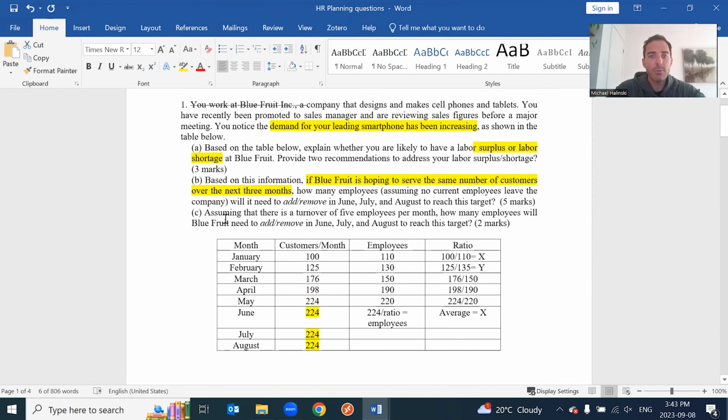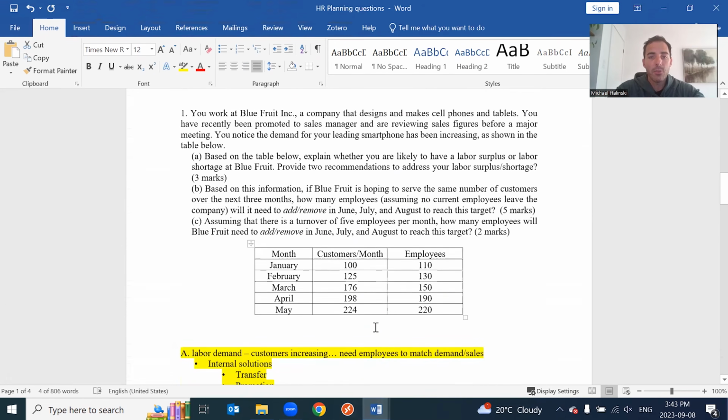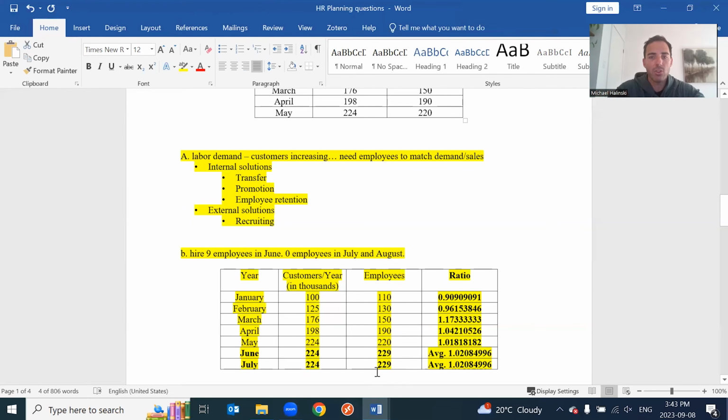Part C: assuming that there is turnover of 5 employees per month, how many employees will need to be added? Now you have kind of the steady state. You have 229 employees that are needed, and you need to hire those 9. However, now you have a turnover of 5 people.